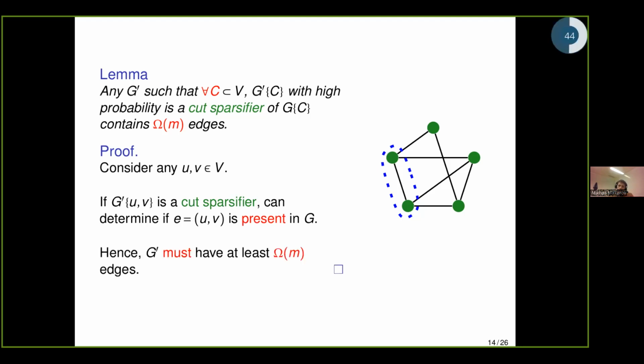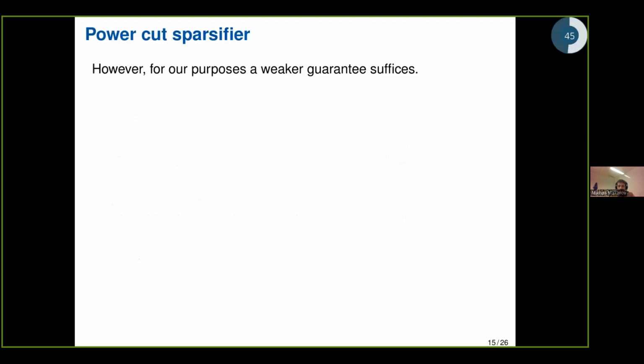So that would imply that G prime would have to have approximately the same number of edges as G, which implies that it would have to have a lot of edges. That's bad for our purposes.